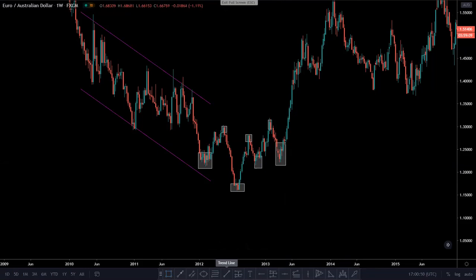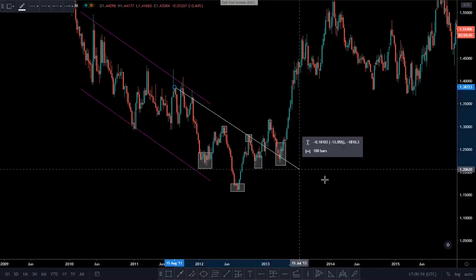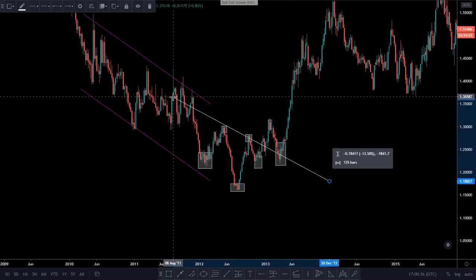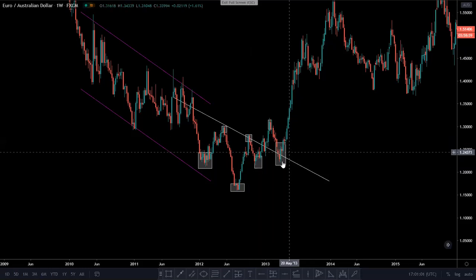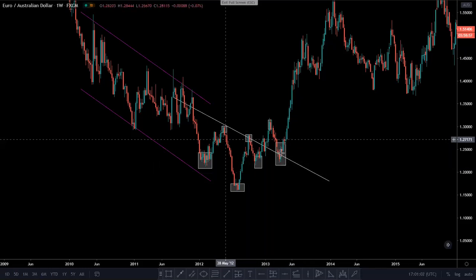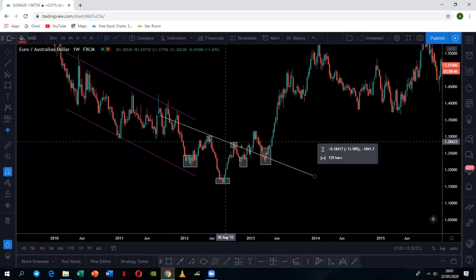So let's get a neckline for them. All right, so I've connected this, and then where price breaks above, that's where you buy from. So price broke above here, so this is where you would buy. You would place your buy order here.